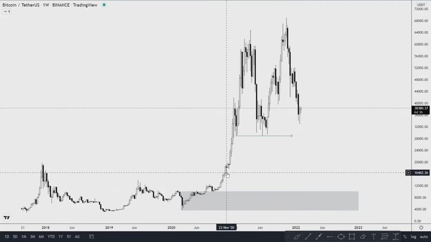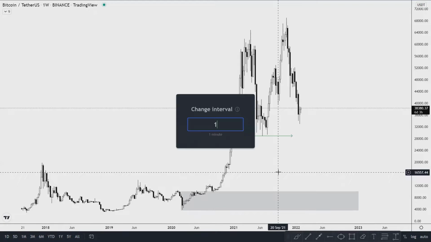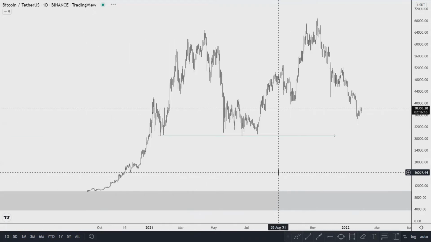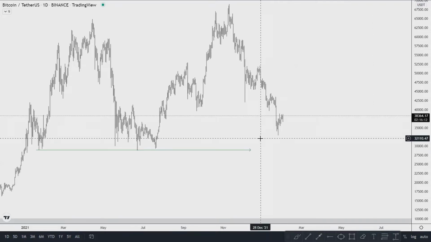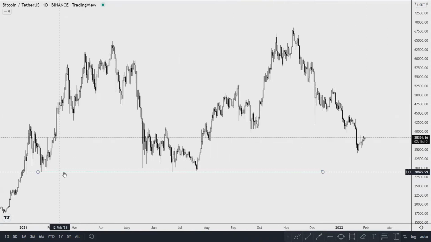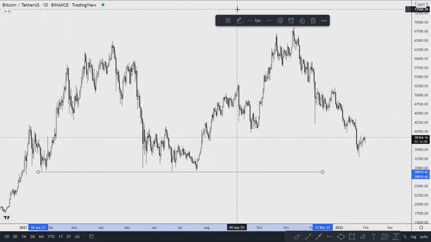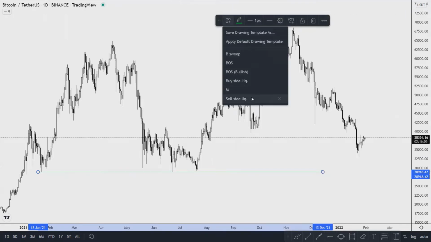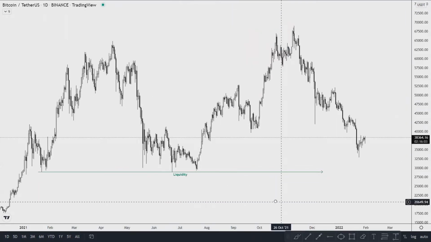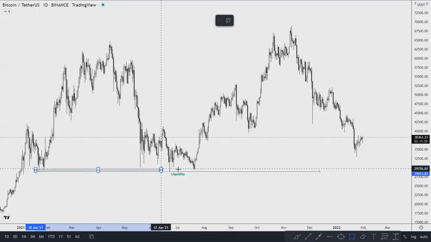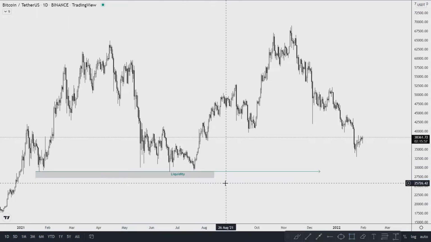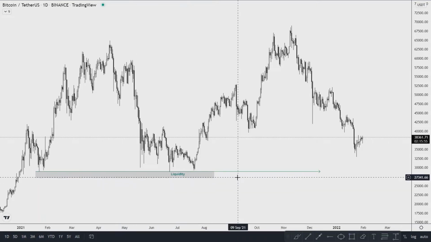So if we go on the daily, see what we have close up. So on the daily, you can see that nice liquidity level right there. In retail terms, this would be your, I believe, support area there.